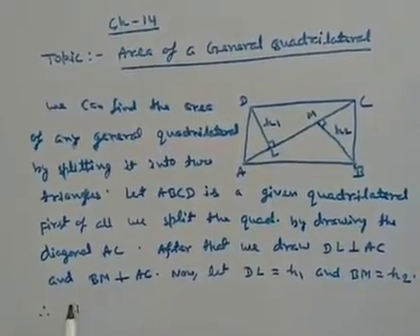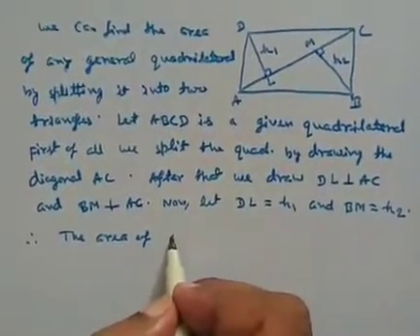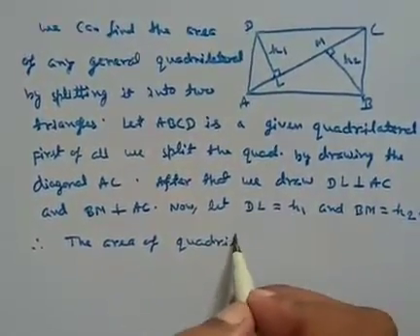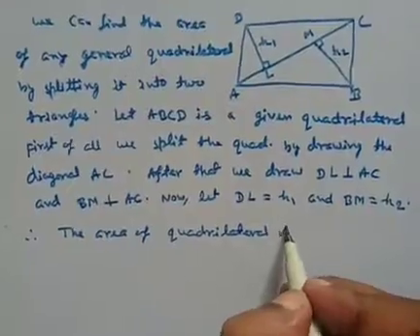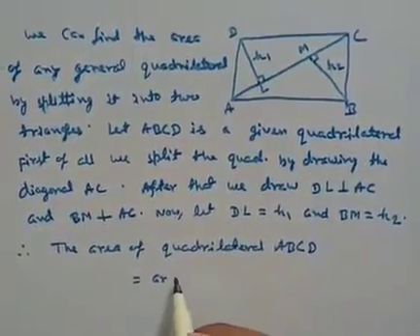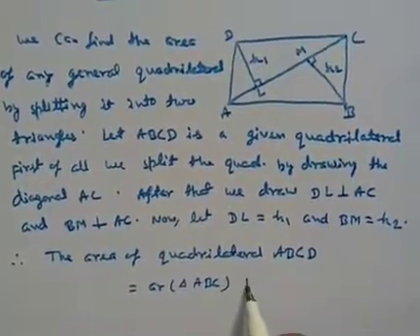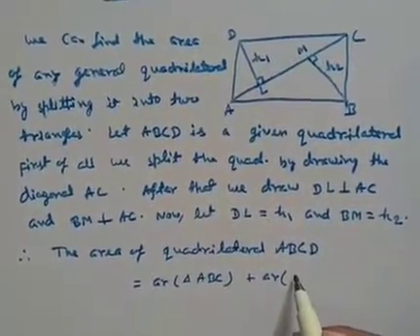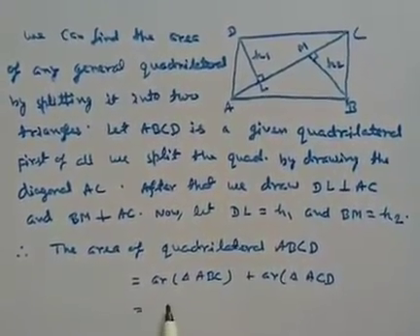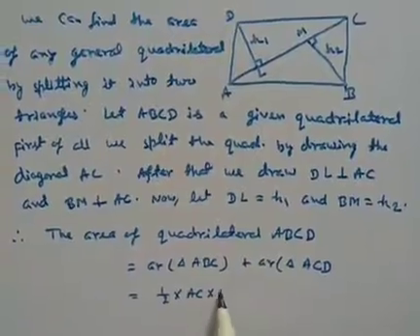So the area of quadrilateral ABCD equal to area of triangle ABC plus area of triangle ACD equal to half into AC into BM.